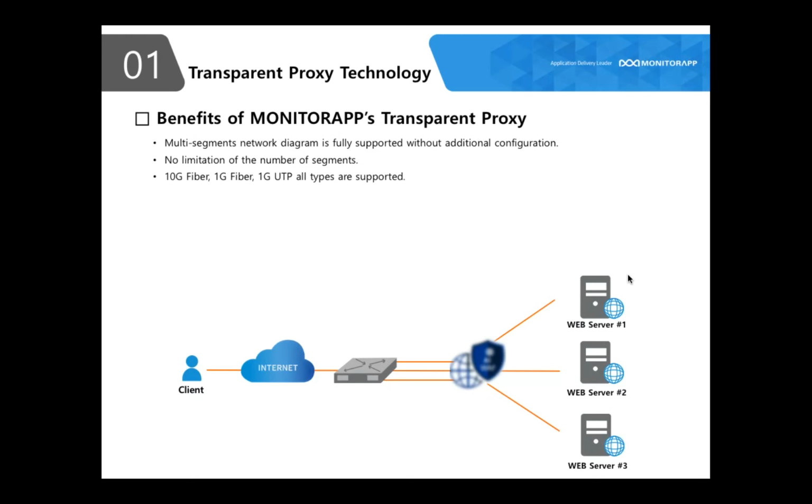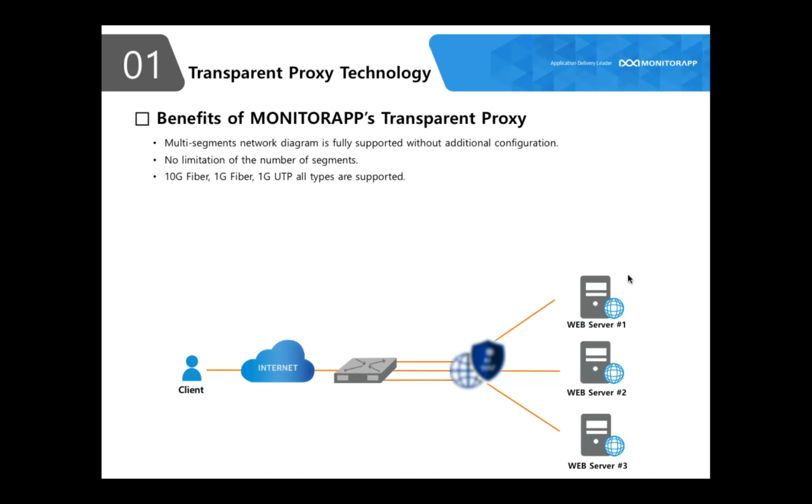10G fiber, 1G fiber, 1G UTP, all types of interfaces are fully supported, and you don't have to consider whether all interfaces have to be matched, or whether they can be combined. You don't have to worry about that because all types of interfaces are supported, and there is no limitation on the number of segments.